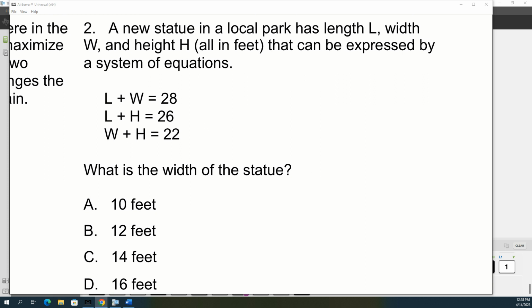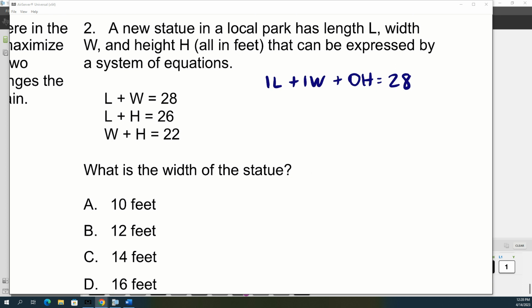So what we're going to do is write 3 equations that have L, W, and H. That first equation has 1L plus 1W, and there's no H's, so we're going to put in 0H is equal to 28.